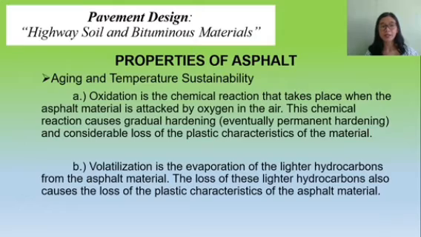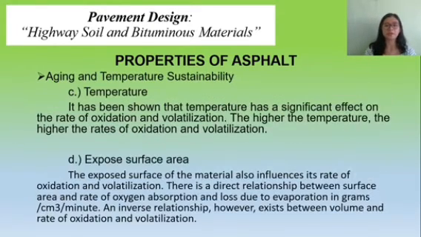The chemical reaction causes gradual hardening or eventually permanent hardening and considerable loss of the plastic characteristic of the material. Next we have the volatilization. It is the evaporation of the lighter hydrocarbons from the asphalt materials. The loss of these lighter hydrocarbons also causes the loss of plastic characteristics of asphalt materials.